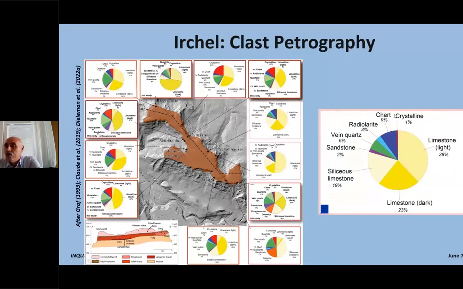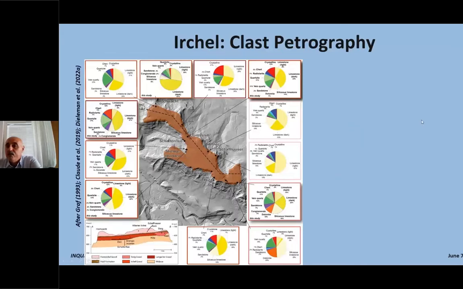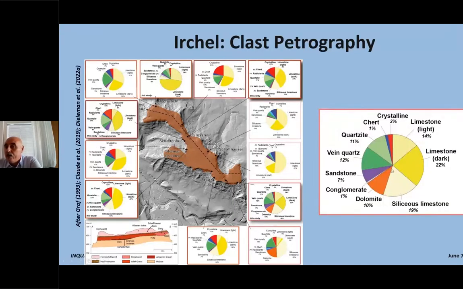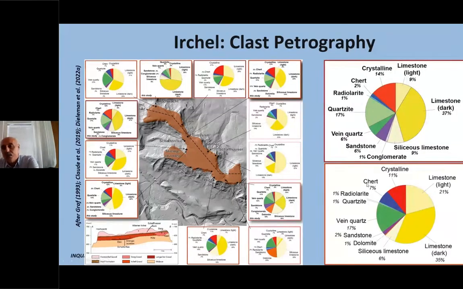Then there is another one where you have dolomites exclusively, found in these locations, for example here. Then the third and fourth ones are really similar: you have mainly limestones and some crystalline rocks, but the difference is in the quartz size or vein quartz. But these are two really similar lithologies.